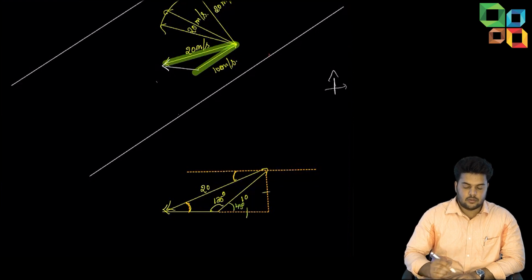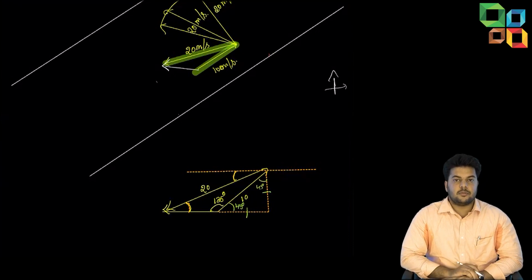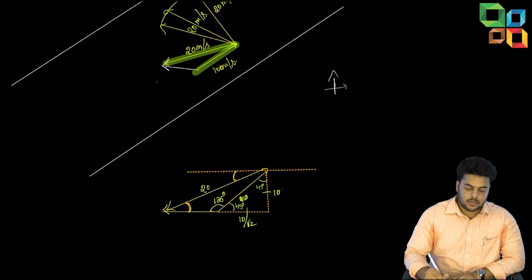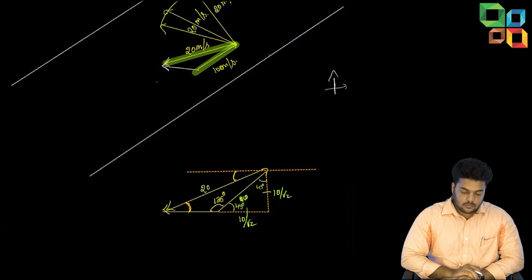So these two sides are equal, right? If that is 45 degrees, this also will be 45 degrees. So those two sides will be equal. And this is given to be 10. So this will be 10 by root 2, and this will be 10 by root 2. Correct?